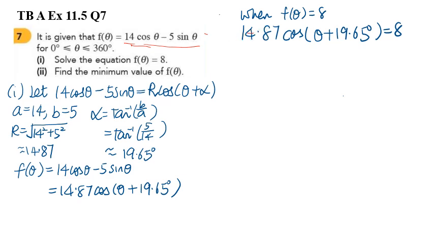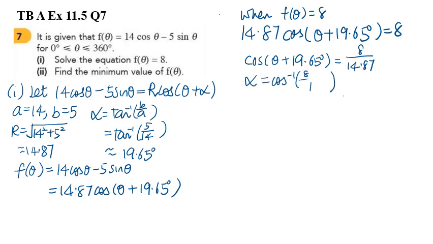All right, so this is a simple solving trigo equation. You're going to divide both sides by 14.87. Go back to your ASTC. Your ASTC will tell you that for cosine to be a positive value, it will come from the first and the fourth quadrants. So let's find alpha first.